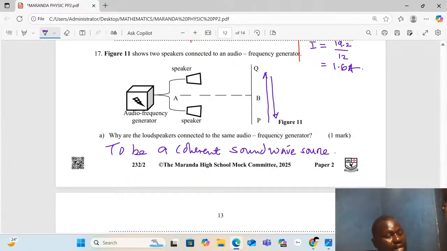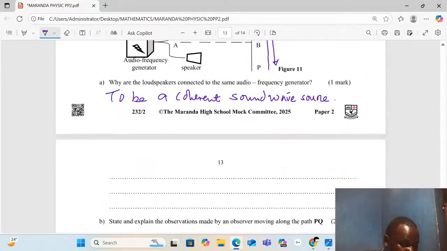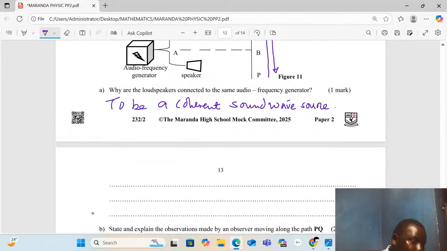That is, loud and soft sound to be heard. Therefore, I think this question we can respond to here.